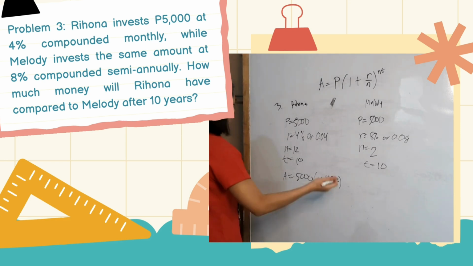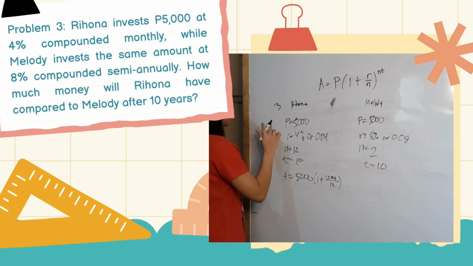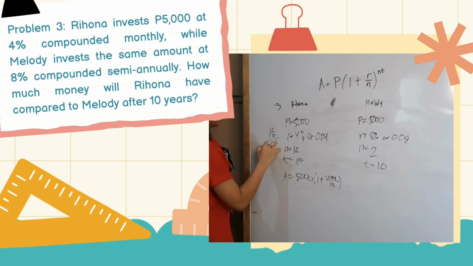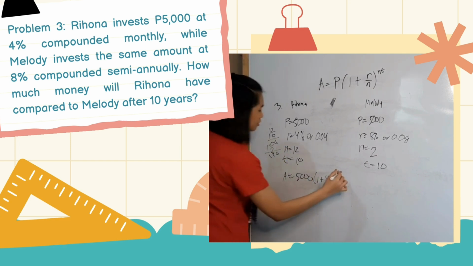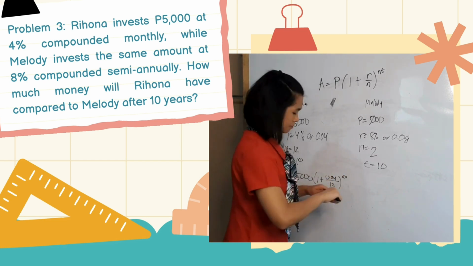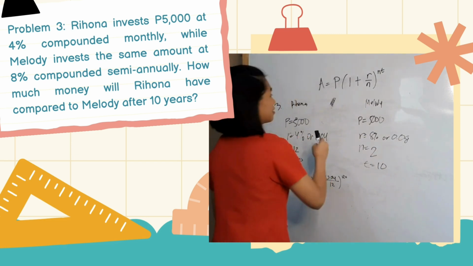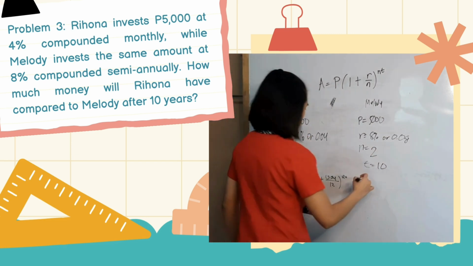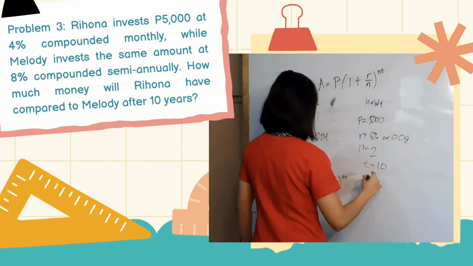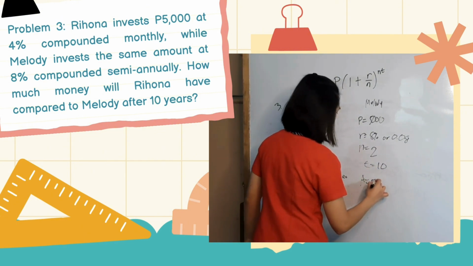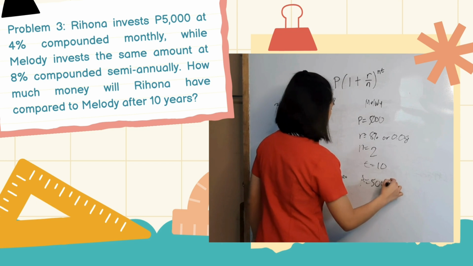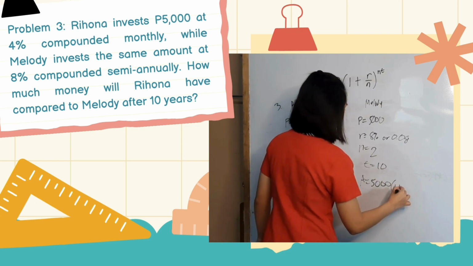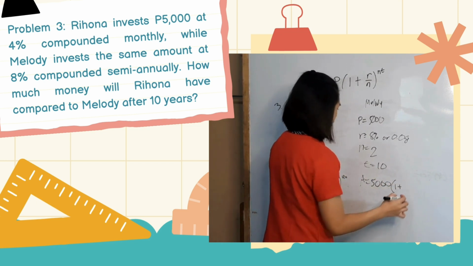Let's solve it later. Let's plug in first Melody's values. So P is 5,000 as well. For Melody, multiply by 1 plus R over N, so 0.08 over 2.